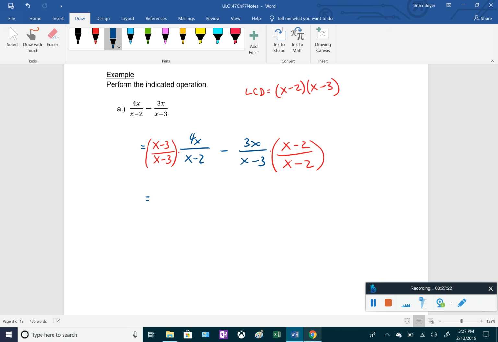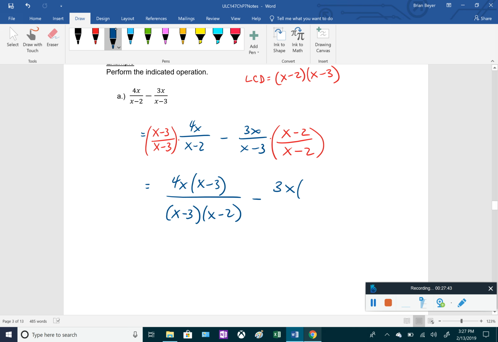So multiplying in the numerator, it's going to be 4x times x minus 3 over the common denominator of x minus 3 times x minus 2, minus 3x times x minus 2 over that common denominator.